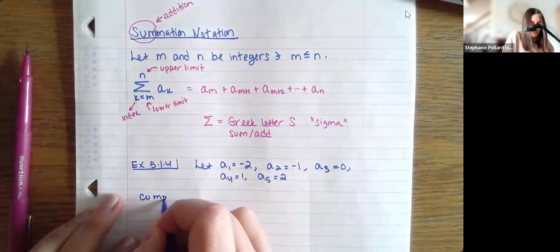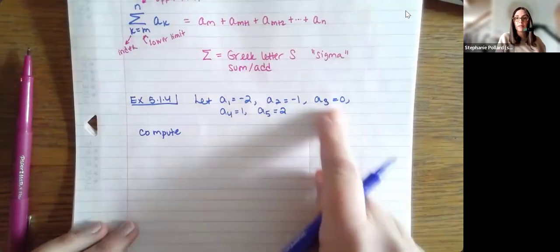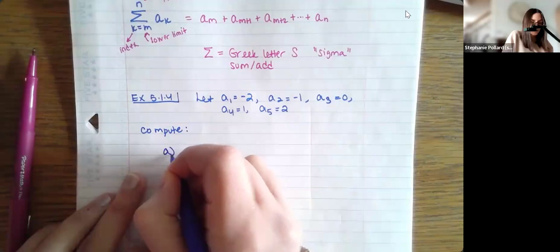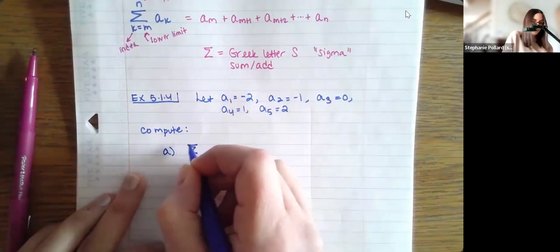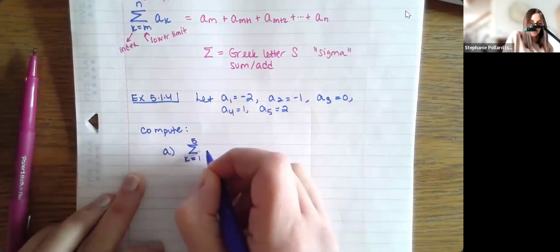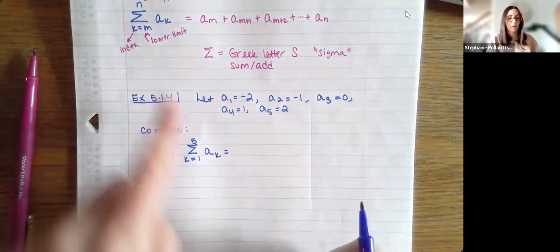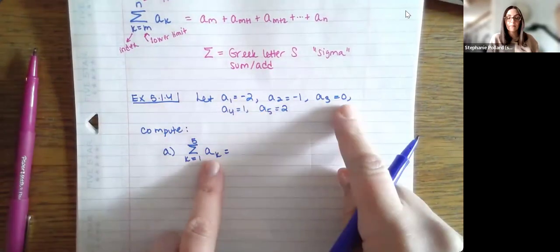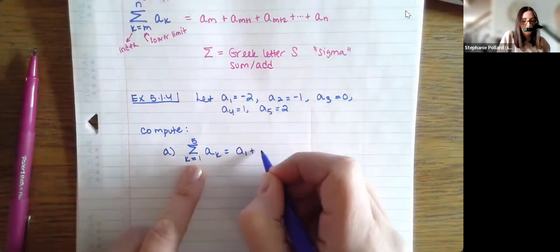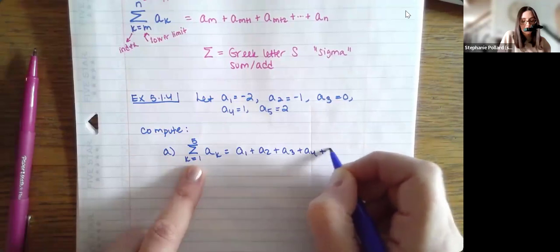So we're going to just do some beginning ones here where you have the terms already kind of pre-done for you. And we're going to compute the following. So the first summation is going to go from 1 to 5 of A sub k. So here, instead of having a formula or anything, they're just going to give you the values ahead of time. And we're going to add from A1 all the way up to A sub 5.